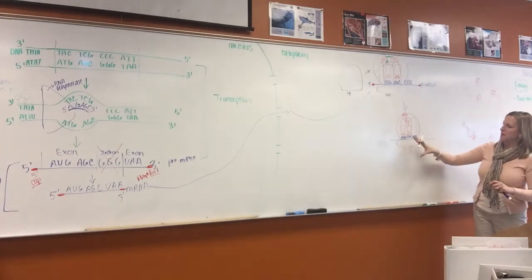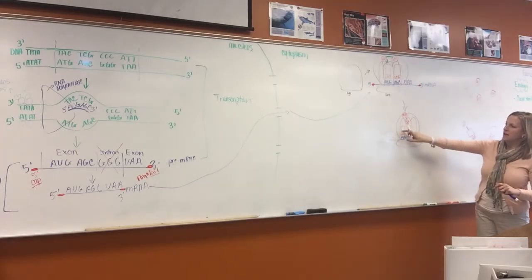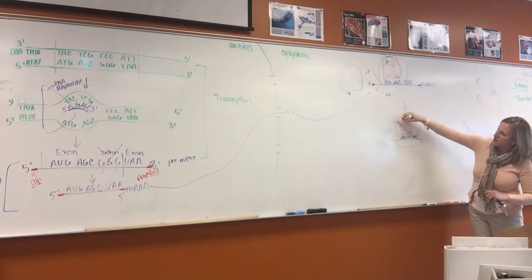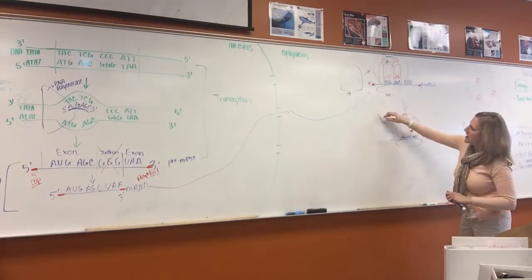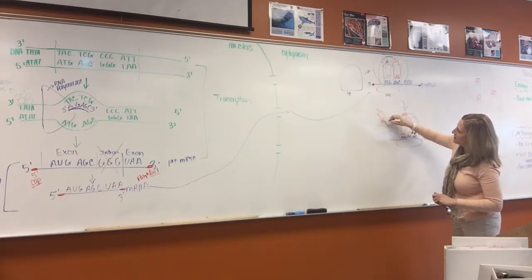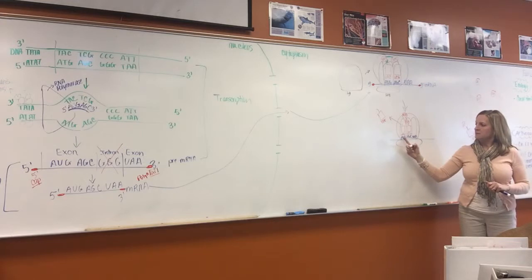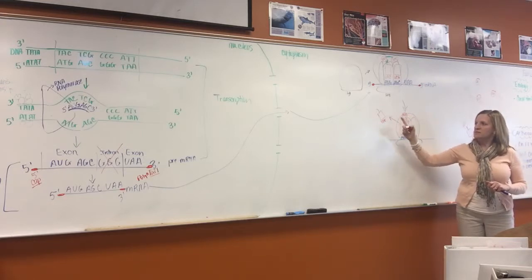So now what's going to happen next? This tRNA has done its job. So therefore, guess what? The E site, this first site, stands for exit. So this tRNA molecule is going to exit. And this will be empty because it's brought its first amino acid.